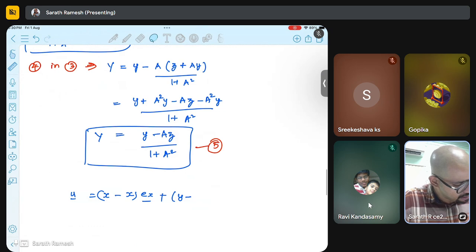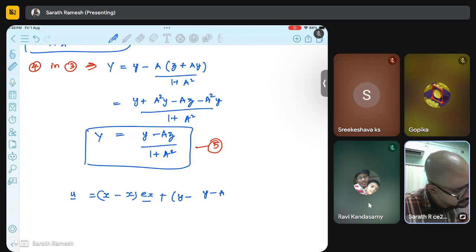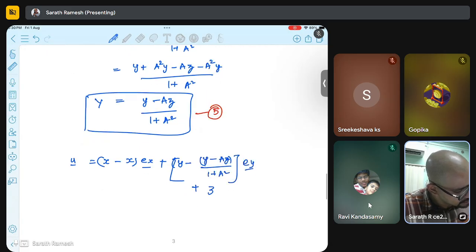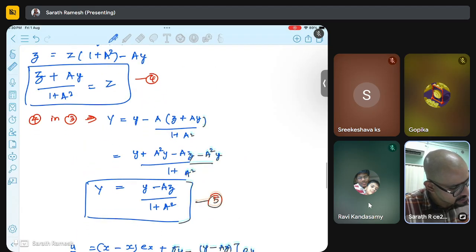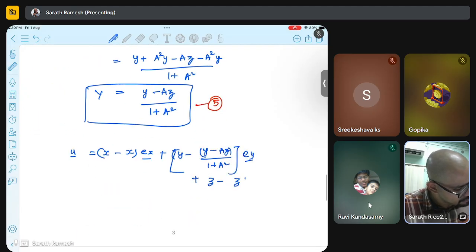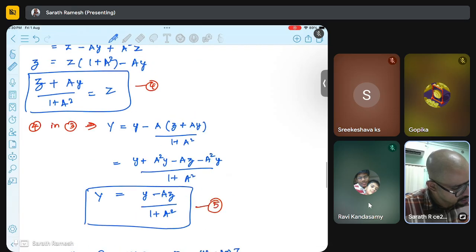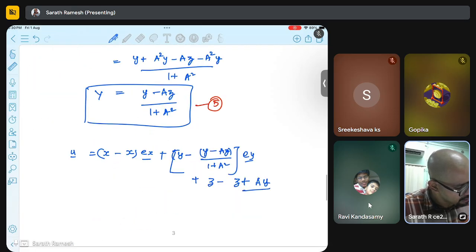So we are here. So y minus capital Y. Capital Y is y minus az by 1 plus a square. And z minus capital Z, capital Z is z plus a y by 1 plus a square.